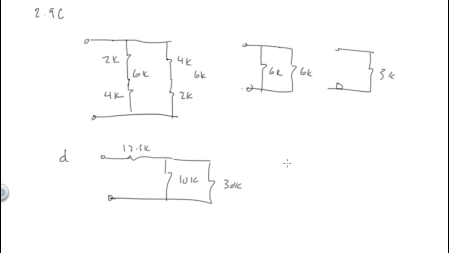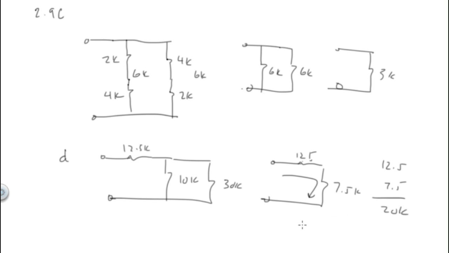So I got the 12.5 over here, and I got a 7.5 down here. Now what is this? This is in series. So I add the 12.5 to the 7.5, and I get what? 20K.